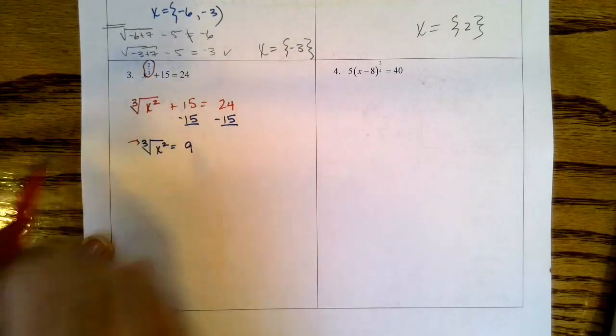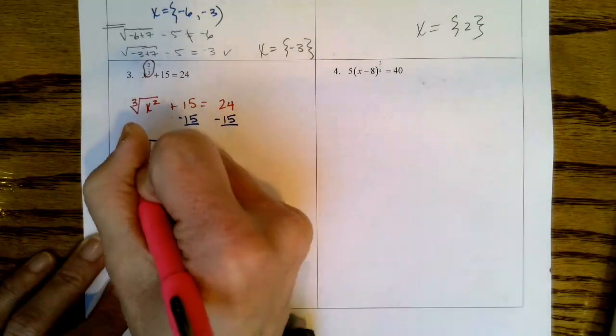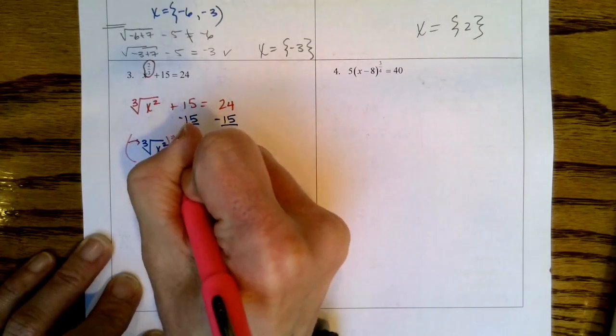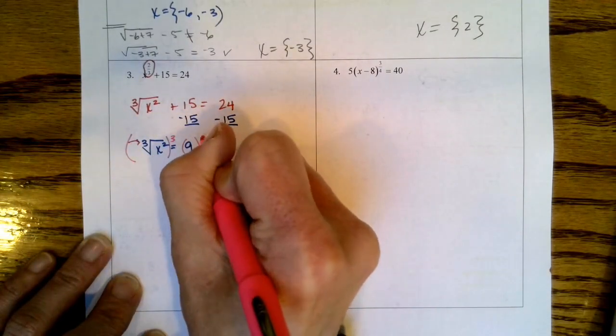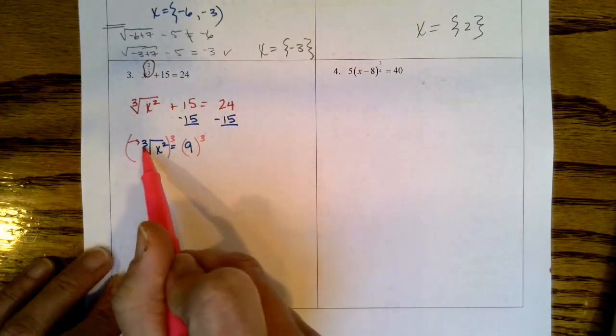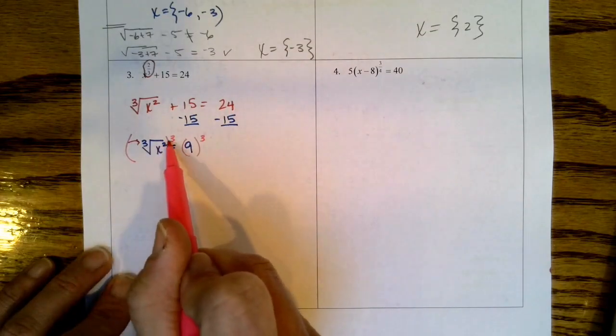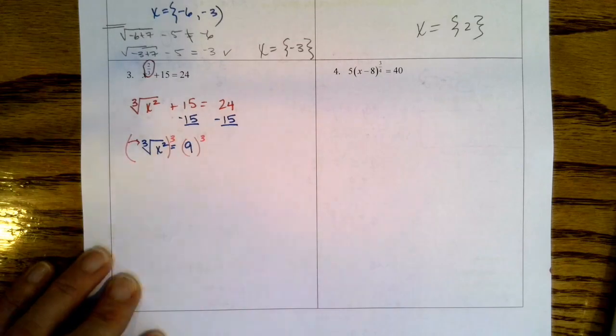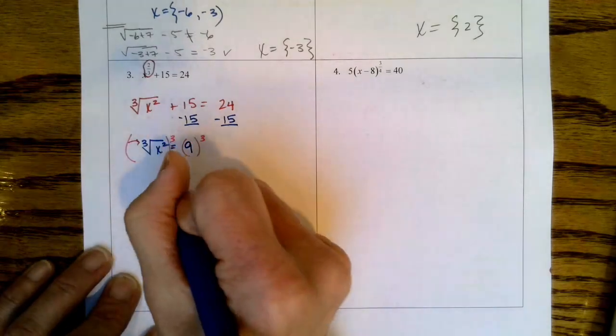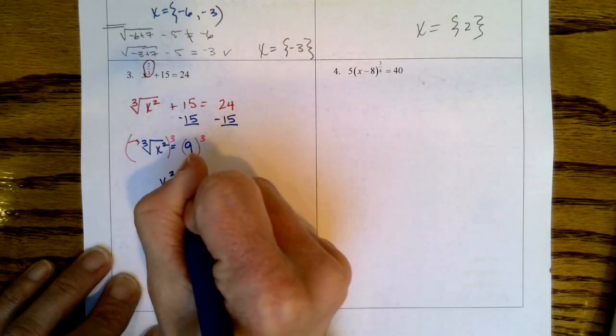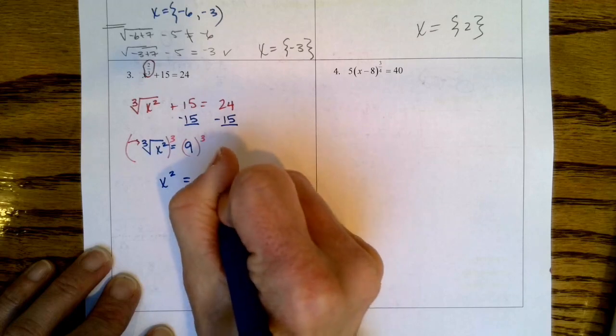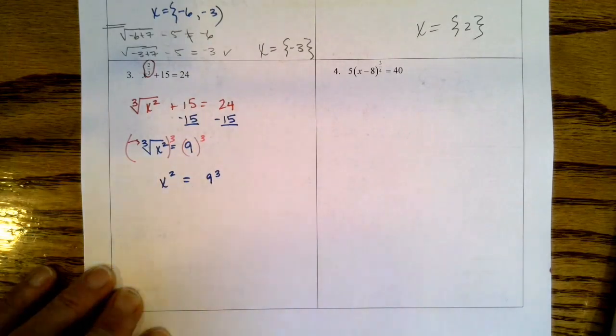So what we're going to do is we're going to cube everything. We're going to take everything to the third power. These two operations are inverses. They cancel each other out. So all I'm left now with is an x squared is equal to 9 to the third power.